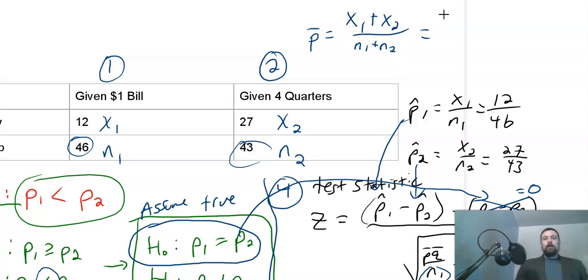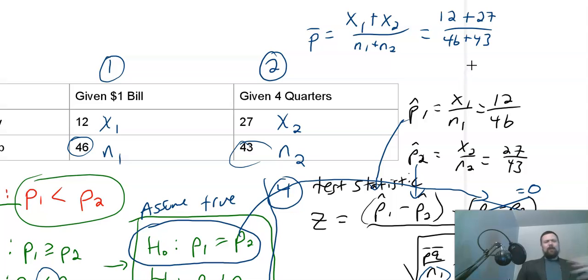X1 is 12 plus X2, which is 27. So it's like we're combining these two samples together into a single data set, right? And if we do that, we have 12 plus 27 successes altogether out of 46 plus 43 in our sample.